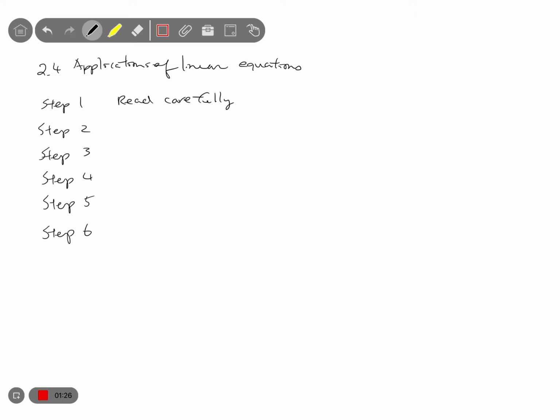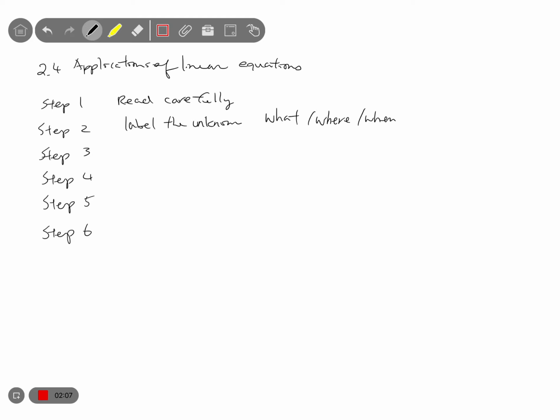Okay, and step 2 is assign a label to unknown quantities. So label the unknown. Every question will usually give you a question on what you need to find. And this is what I mentioned in class as the WH questions: what, where, when. So these are the typical places where you're going to find what quantity they're asking for. And once you figure out what quantity they're asking for, try to use the same letter of the quantity if possible.